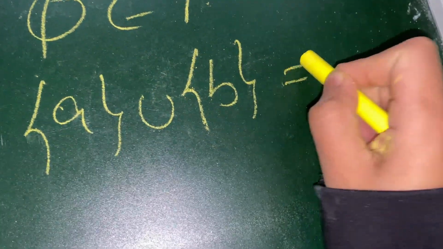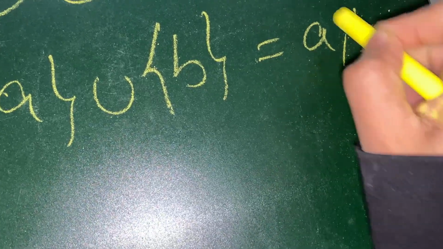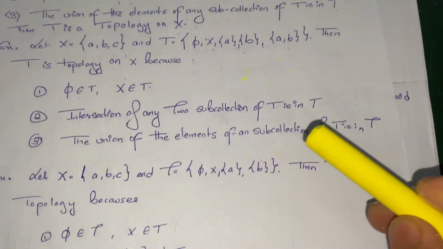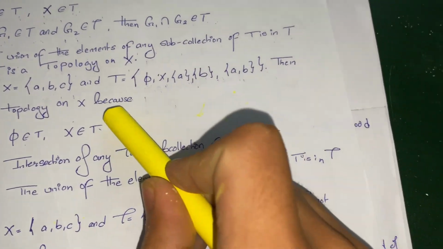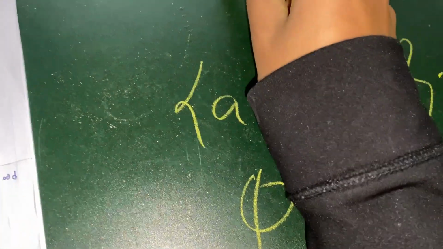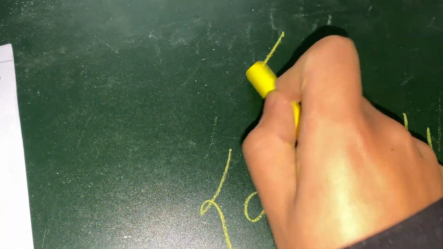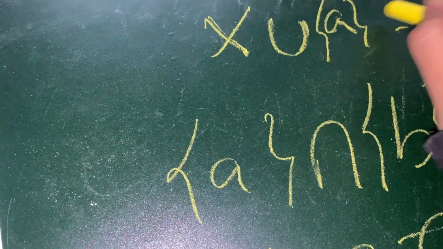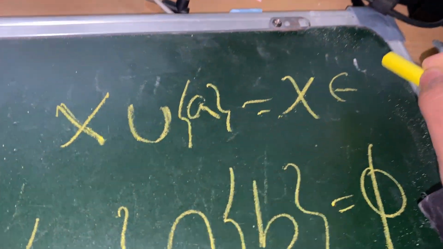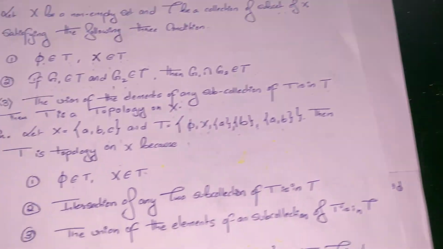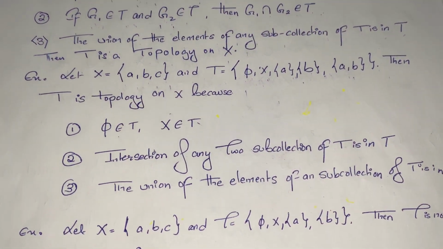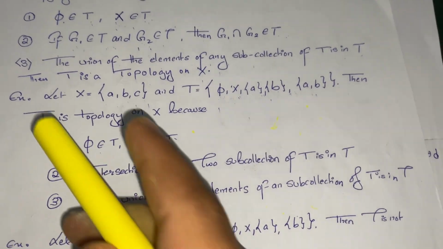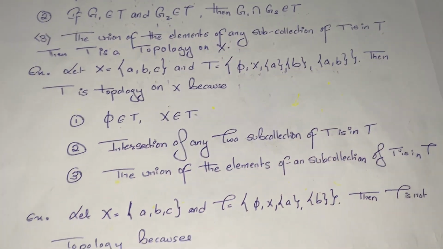It will give you {a, b}, and it belongs to T. And if you take, let's say, X union {a}, it will give you X, which also belongs to T. So from this we can say that T is a topology on X. All three conditions are satisfied.